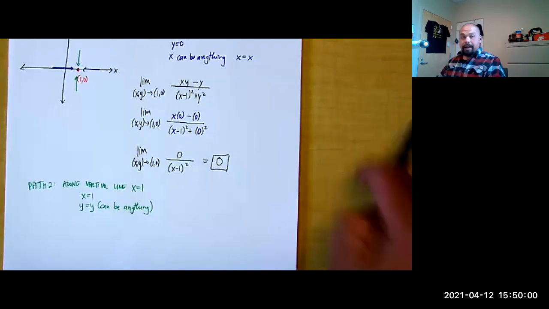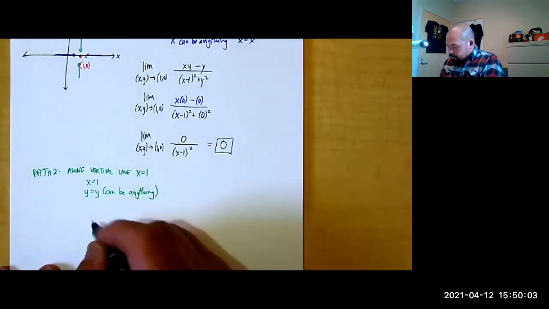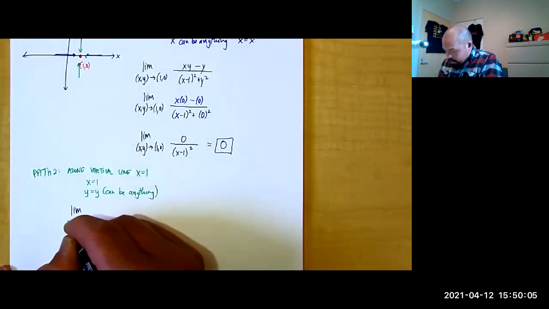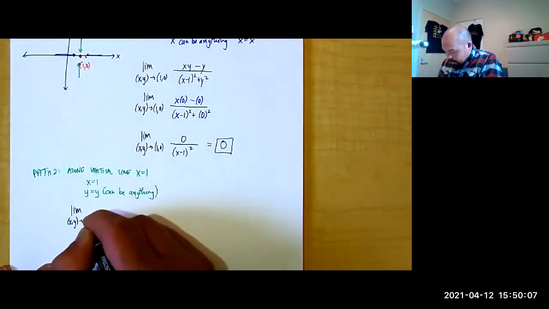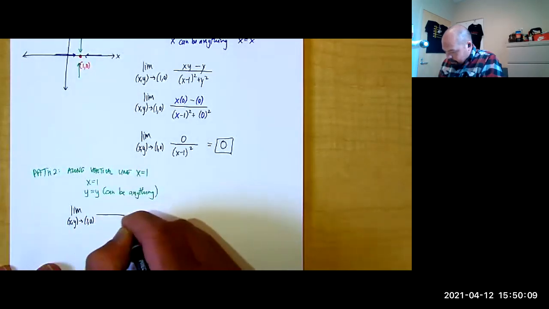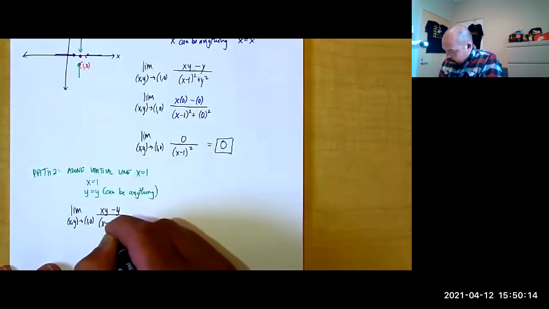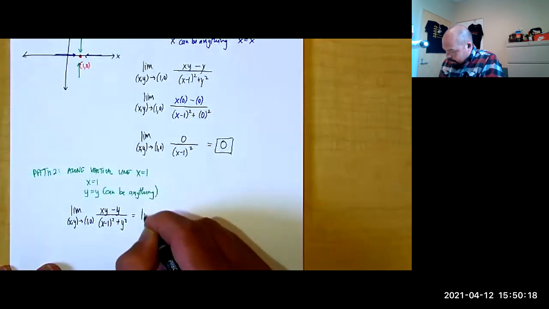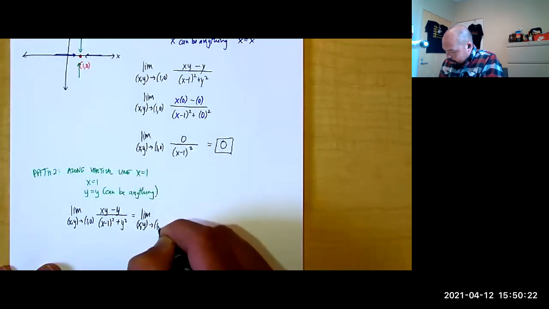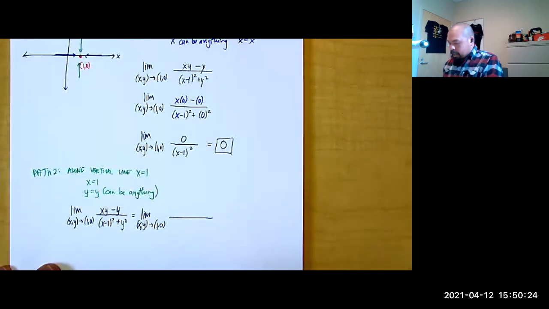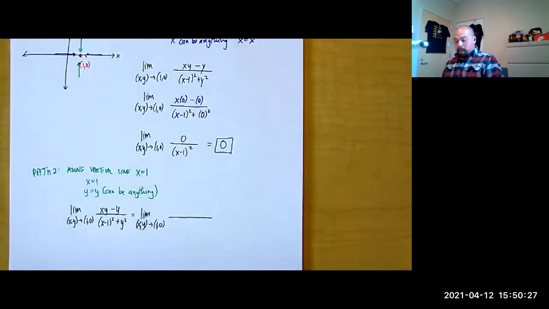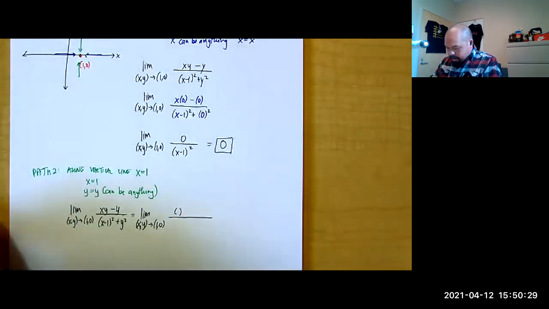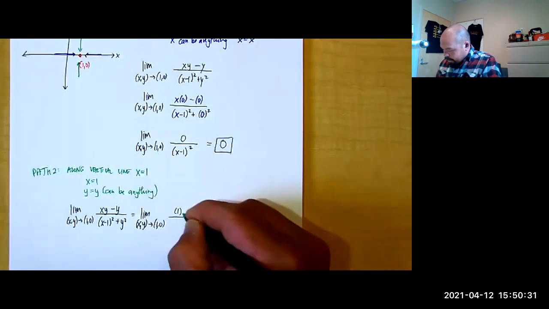So when we look at that limit again, it becomes this limit as xy approaches 1, 0. And now let's substitute. In this case, x is always going to be 1, but y stays y.